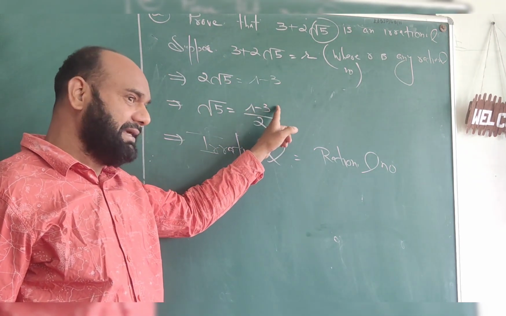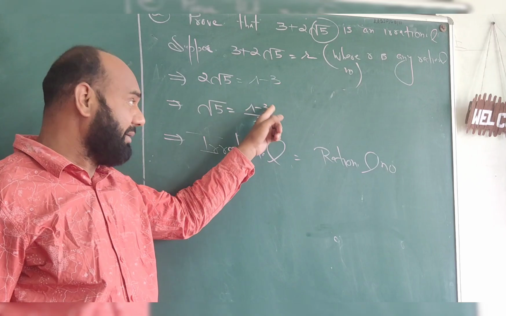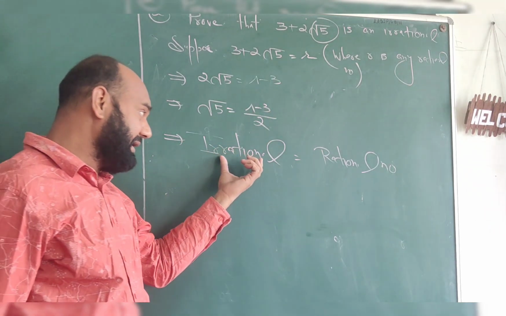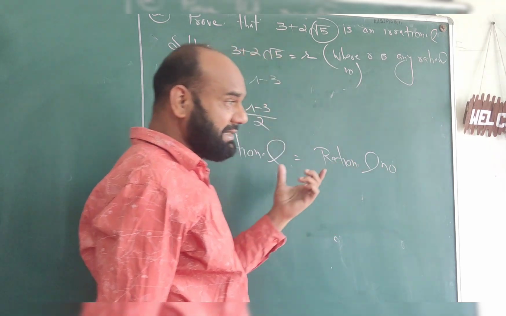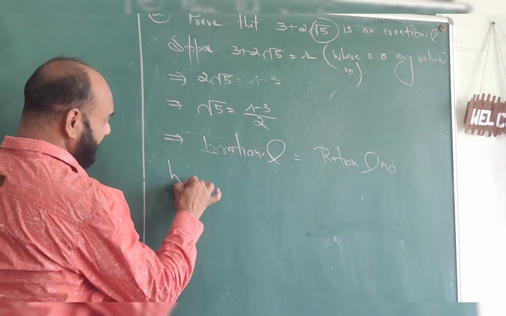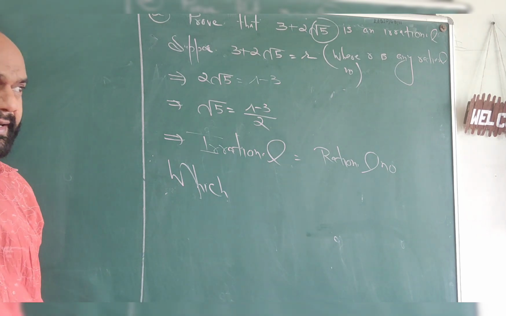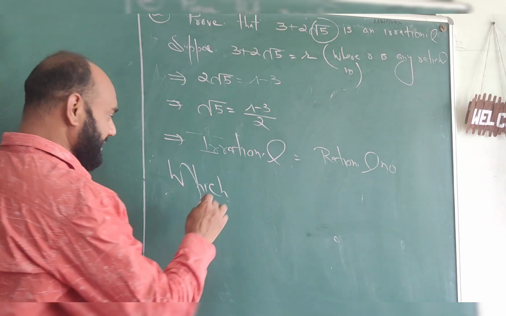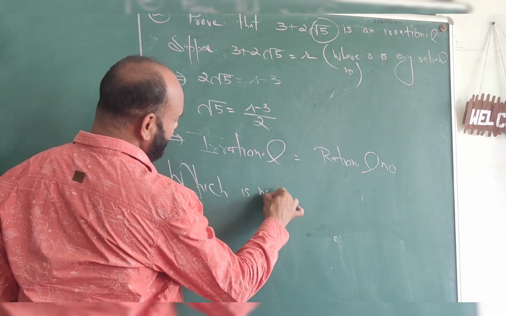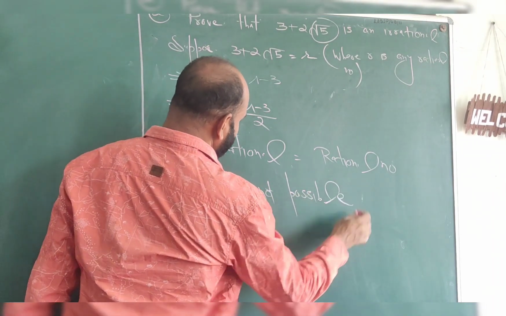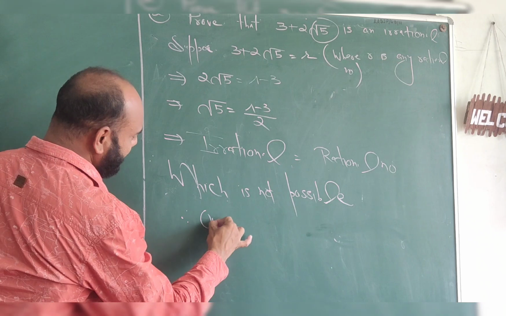So R minus 3 must be rational, and R minus 3 upon 2 is also a rational number. So here an irrational number is equal to a rational number, which is not possible, because any irrational number can never equal a rational number. So our supposition is wrong.